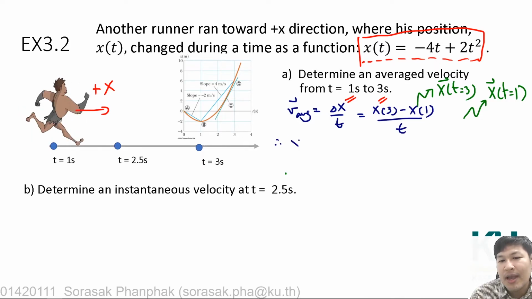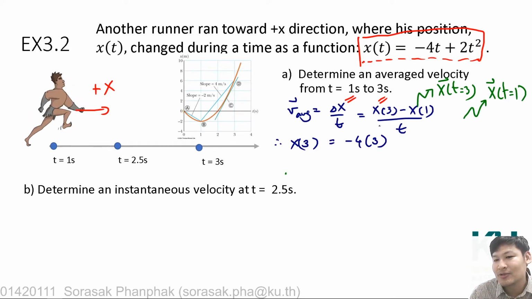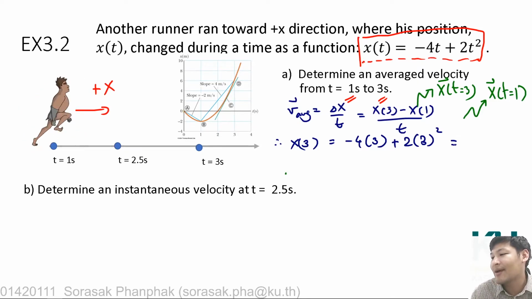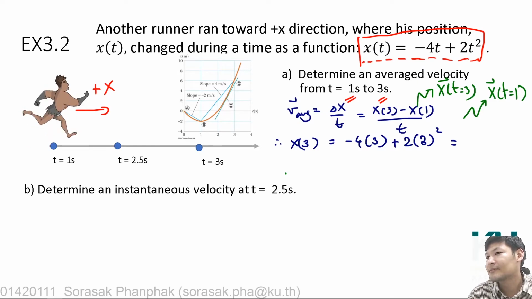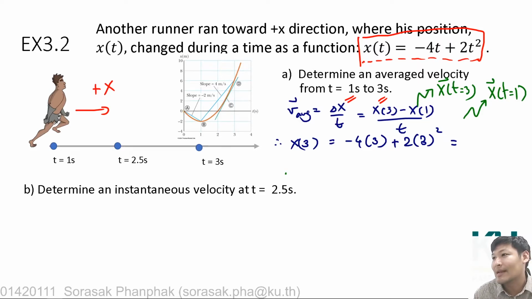So your x3 now is minus 4, and sub 3 into t, and then you get plus 2 times 3 squared. So your x3 is, sorry for my pronunciation, I'll do it correctly. I will write down the final answer: 6 meters.